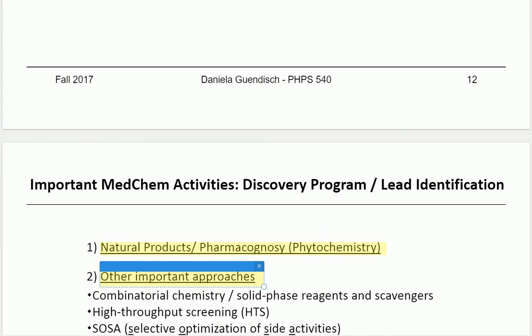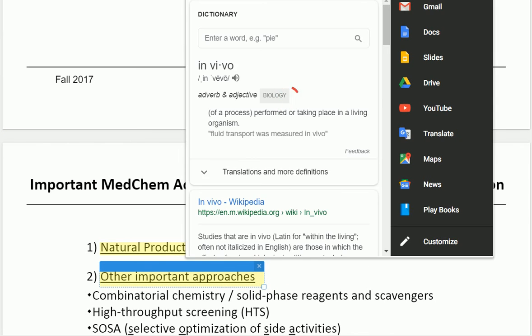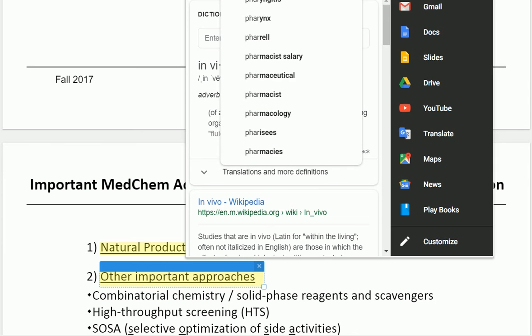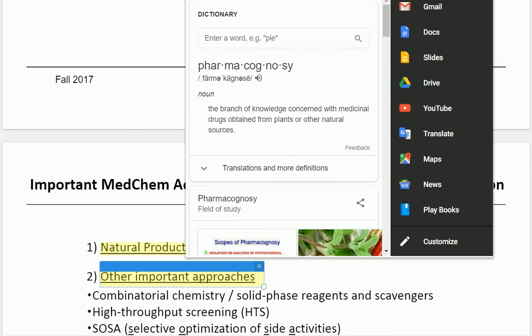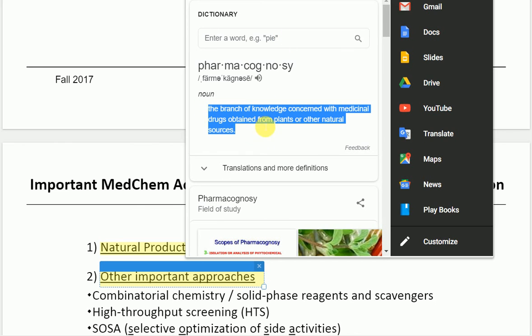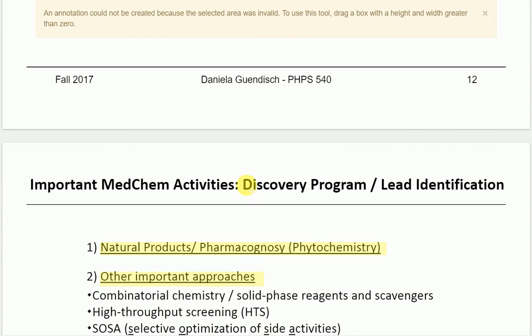Actually, I'm kind of curious what pharmacognosy is. Let's find that out. So, pharmacognosy is the branch of knowledge concerned with medicinal drugs obtained from plants or other animal sources. Okay, let's just put that in.